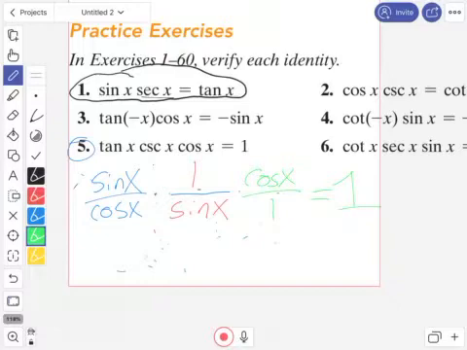So we have 3 fractions here multiplying. If we were going to bunch all of these up into one fraction, we would have sine of x multiplying with 1, so just sine of x. We would have cosine of x left over. And what do you think for our denominator? What would we have there?